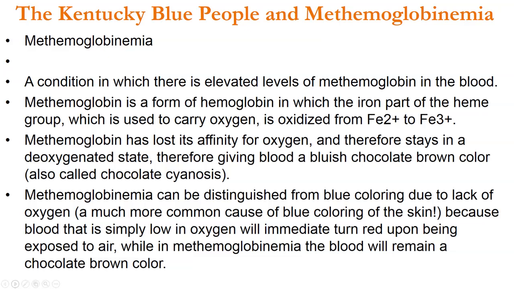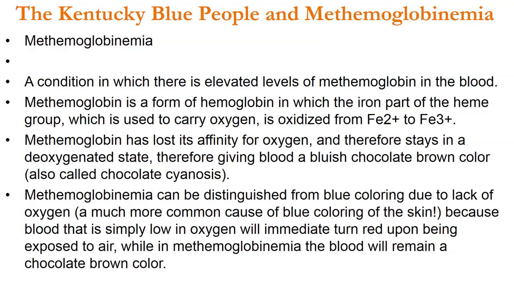But the disease is methemoglobinemia. Have you talked about methemoglobinemia at all? Okay, good. So you know what methemoglobinemia is. Basically, the iron in hemoglobin gets oxidized from Fe2+ to Fe3+. When it does that, it can't bind oxygen.